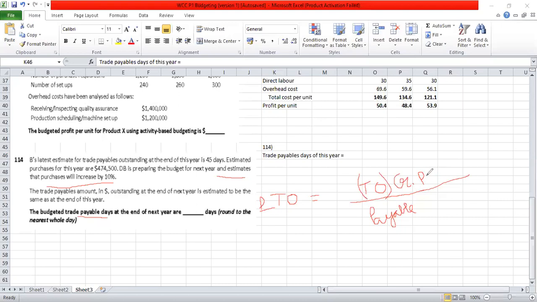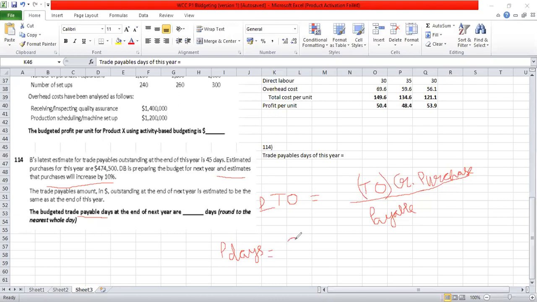On account of credit purchases, there is a liability arising called payables. So credit purchases divided by payables is the turnover ratio. If that is taken to trade payable days, the payable days formula will be 365 divided by payables turnover ratio.